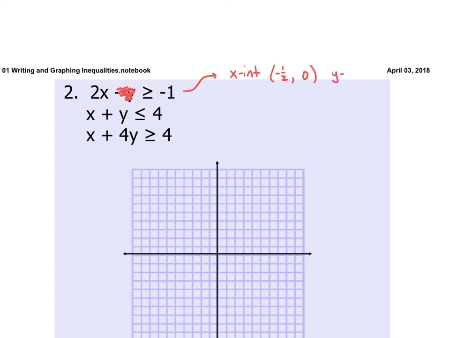And for my y-intercept, I know that x is 0, and let me go up here and erase this part. So if x is 0, then y would be positive 1.